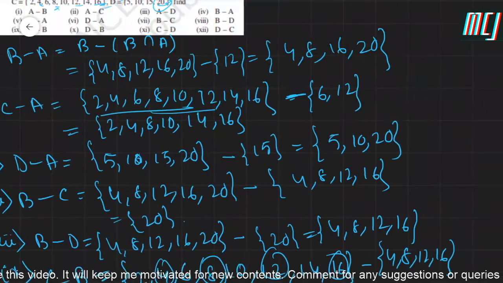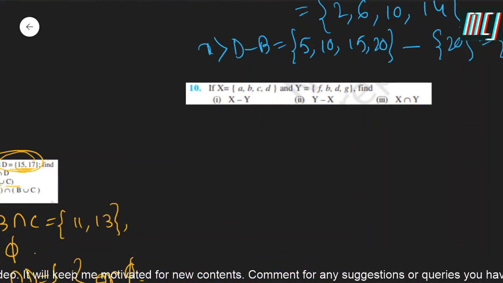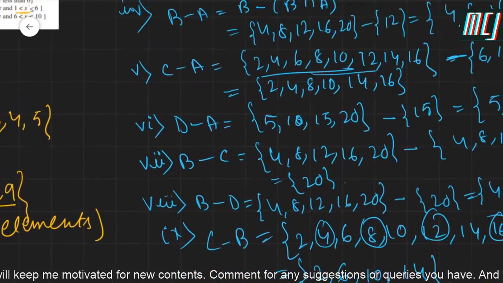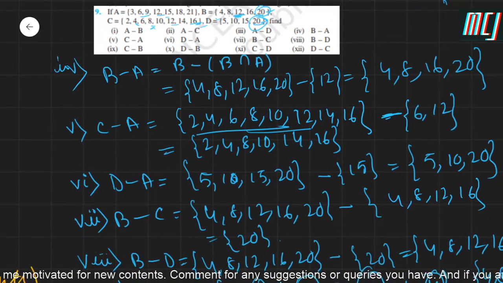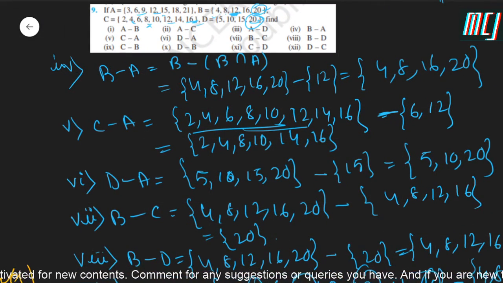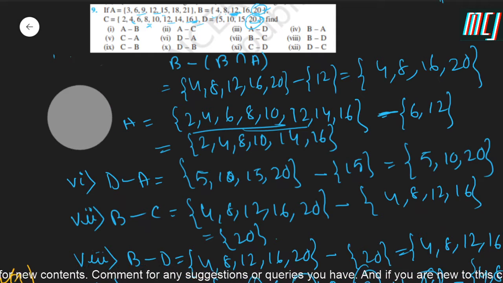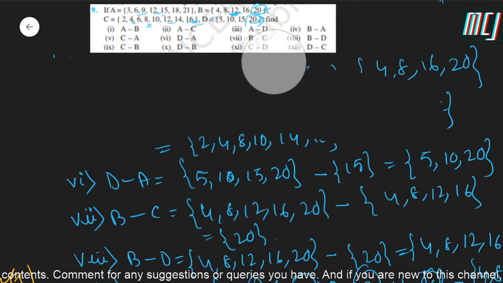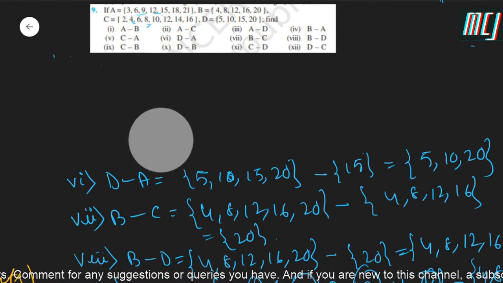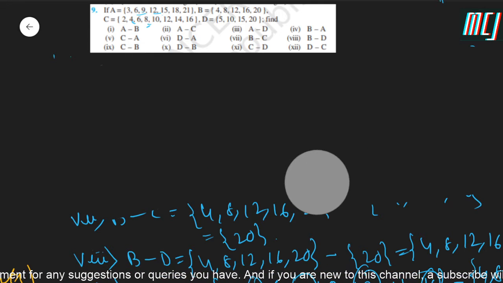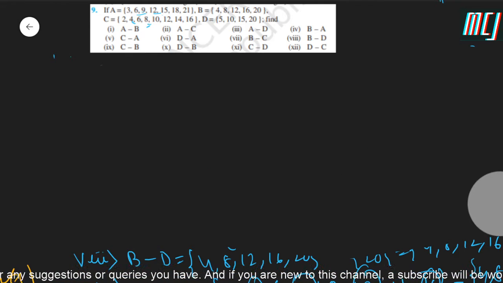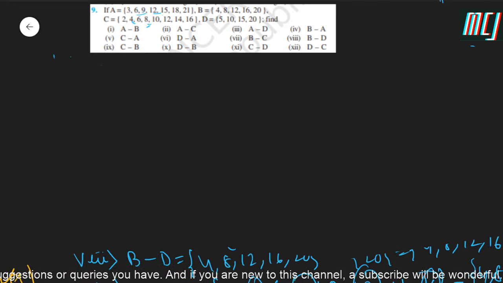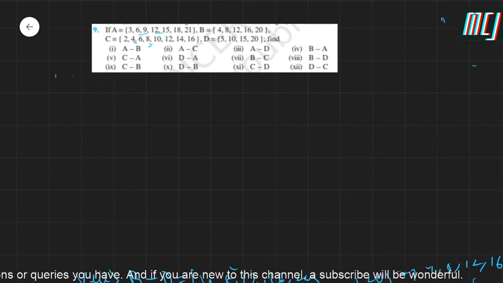Now two more questions. Two more questions are there. So I am again erasing the fourth and fifth question. Yeah. So now here that is 11 and 12.